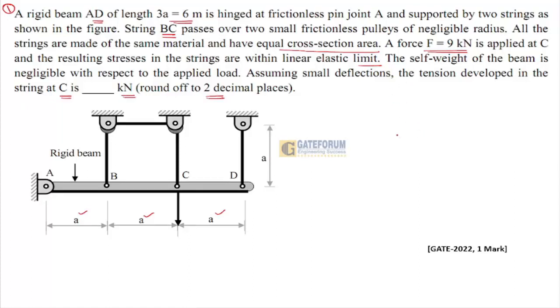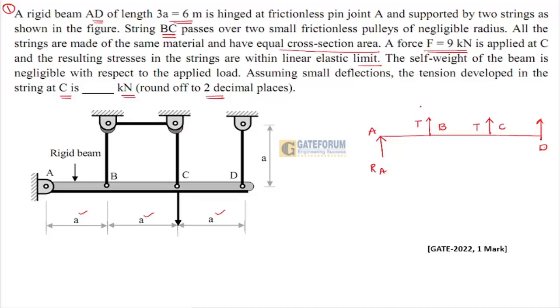So basically, if I draw a free body diagram, the reaction at point A, this is RA. A tension from point B and one more tension from point C. And at point D, this is the condition which will be known.